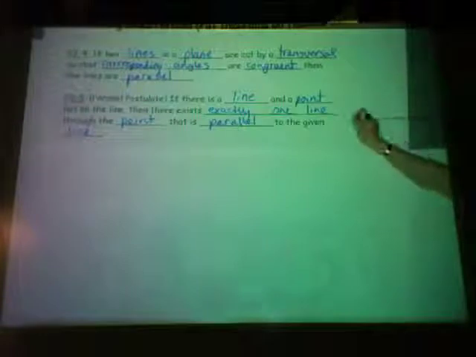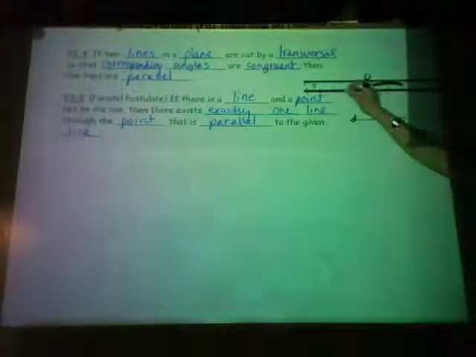Alright, so for this one, it says if there is a line and a point not on the line. So draw a line. And draw a point anywhere but not on that line. So I'm going to draw a point right here and call it P. Isn't that what it says that we have? A line and a point not on that line. Then it says that there exists exactly one line through this point that would be parallel to this line.